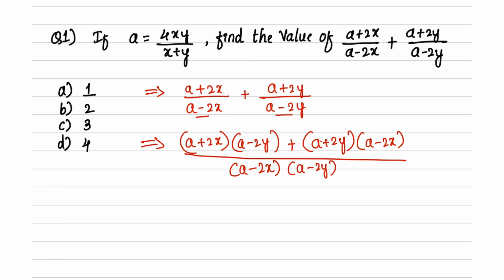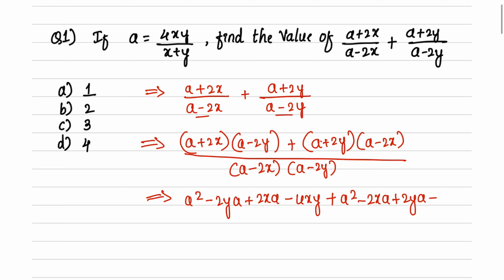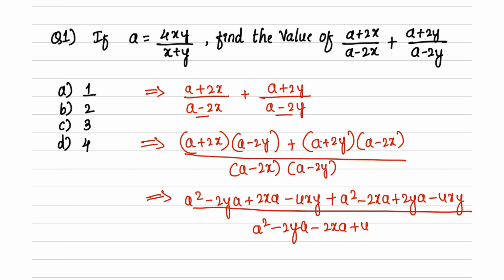Now simplify this. It will be a square minus 2ya plus 2xa minus 4xy plus a square minus 2xa plus 2ya minus 4xy, by a square minus 2ya minus 2xa plus 4xy.